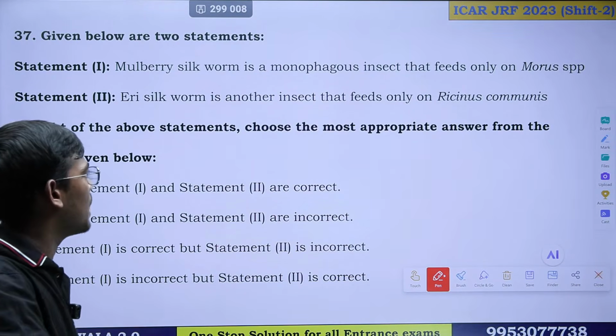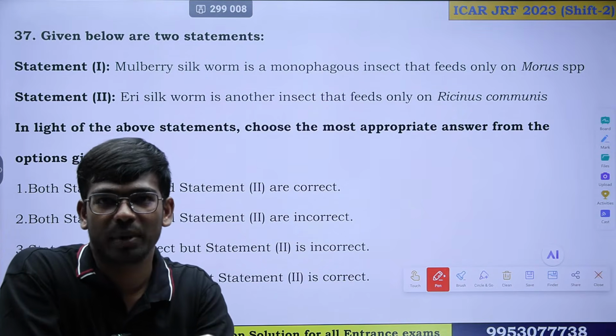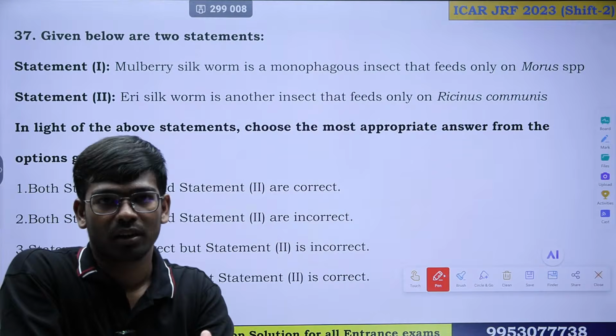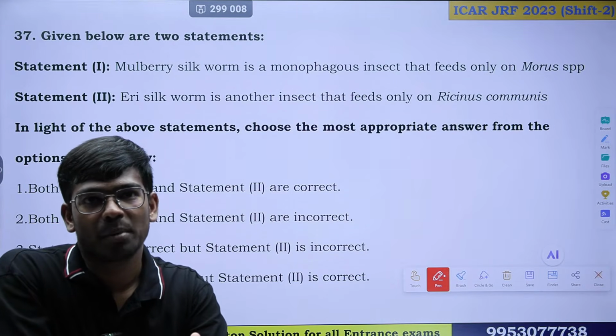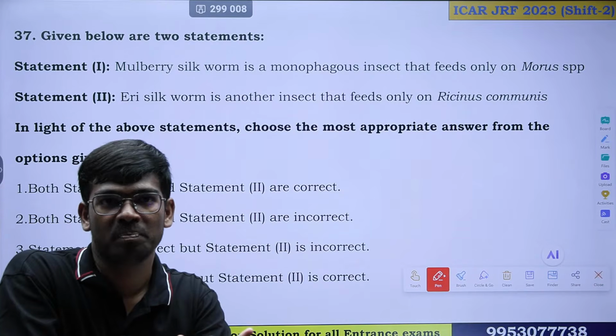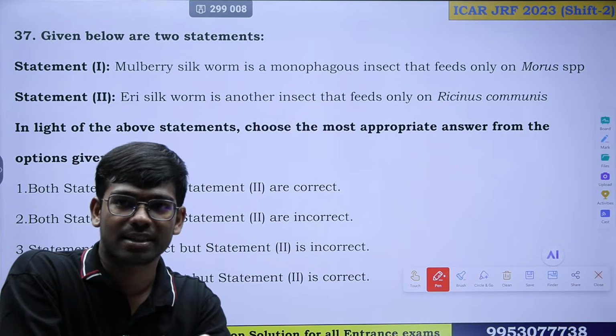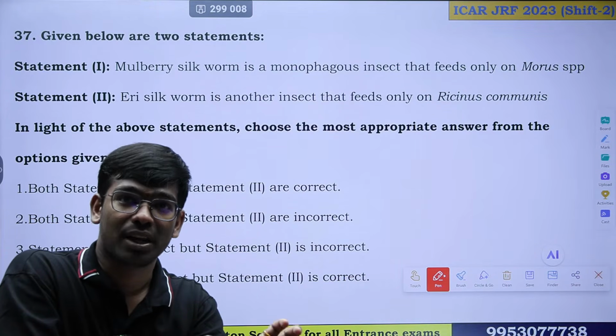So we all know mulberry silkworm can be raised only on the mulberry plant. So it is true: mulberry silkworm is a monophagous insect that feeds only on the Morus species. And the eri silkworm feeds on Ricinus communis, that is castor plant, but it is actually a polyphagous insect.